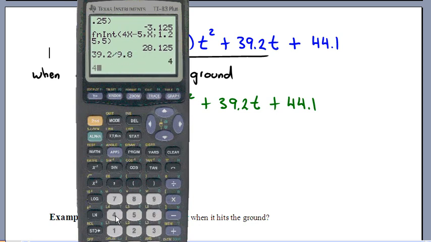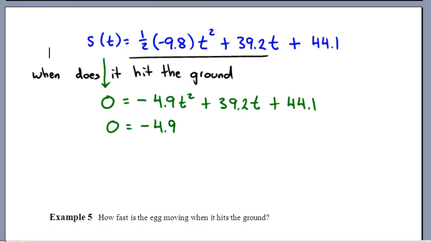Yep, a 4. And 44.1 divided by 9.8, close, a 4.5. Okay, that's not super nice. So let's just go for the quadratic program, see what that says.